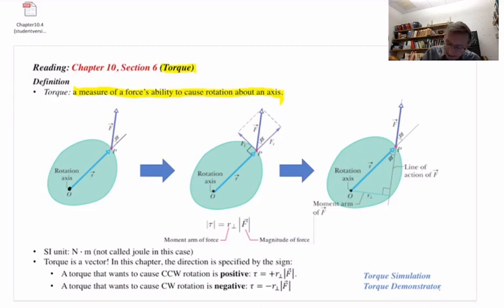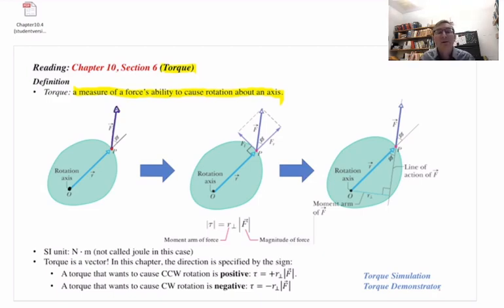Then out here on the edge in this picture is a point labeled P. And at that point, somebody is applying a force F with a particular magnitude in a particular direction.